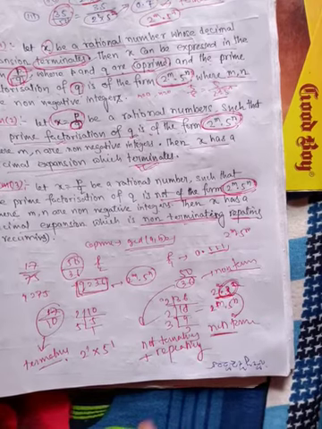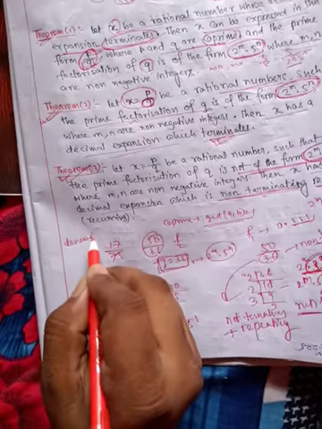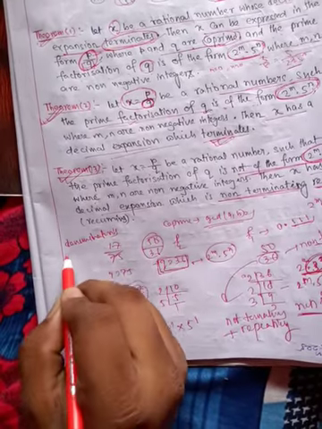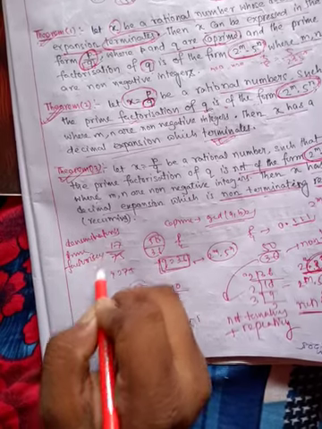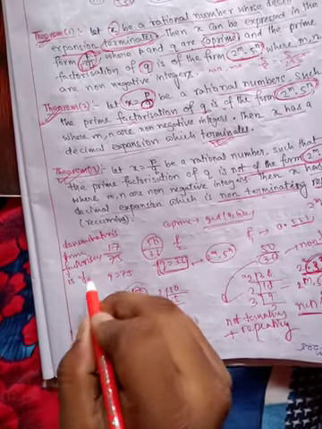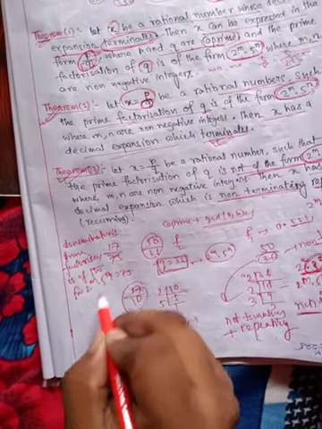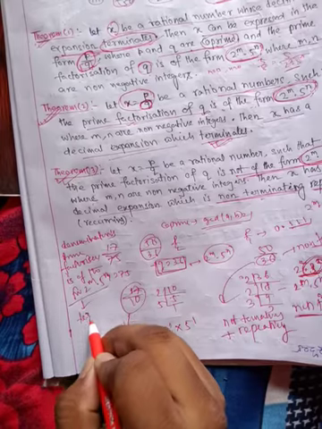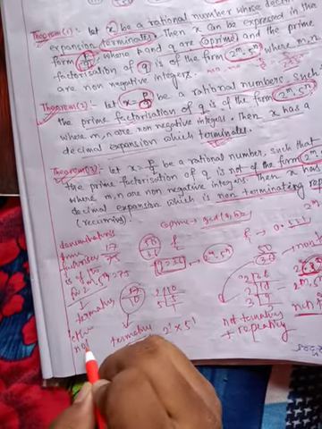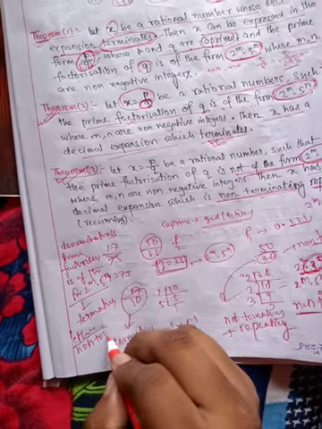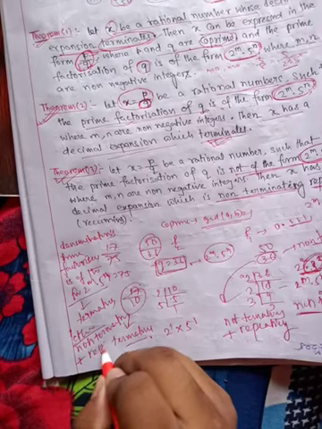So what we got: if the denominator's prime factorization is of the form 2 to the power m into 5 to the power n, then it is terminating, otherwise it is non-terminating but repeating.